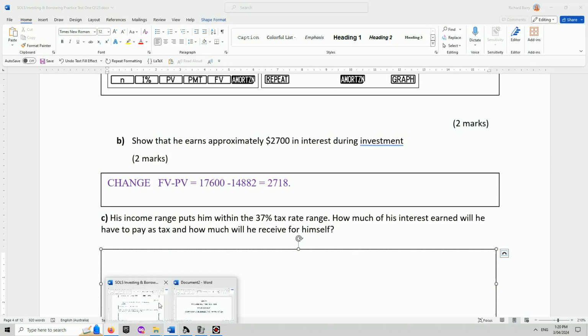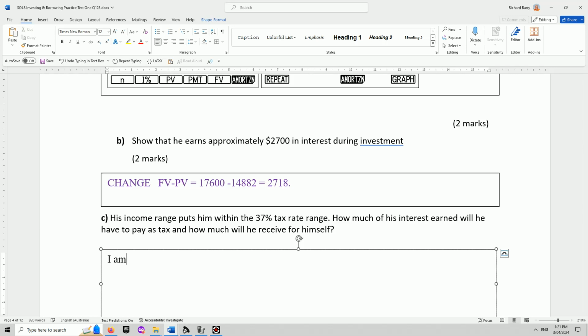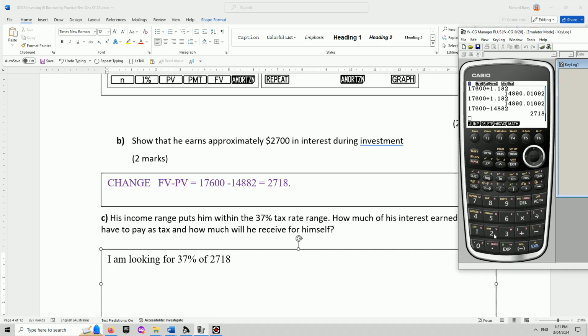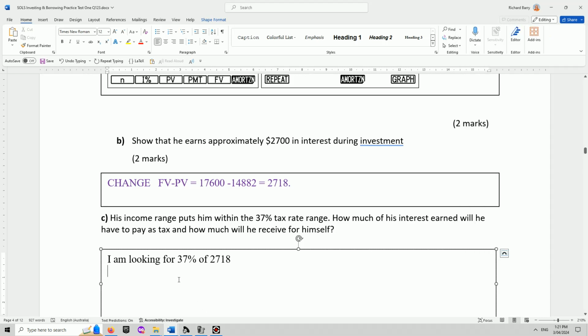So back to the question. I'm looking for 37% of this interest. I'm going to use the 2718, because that's what we calculated. The easiest way to do this is to multiply 0.37 times 2718. So we get 1005. Let's write that down into an equation.